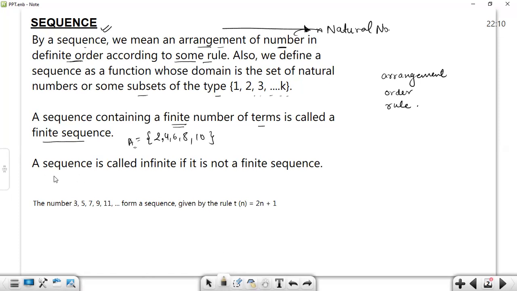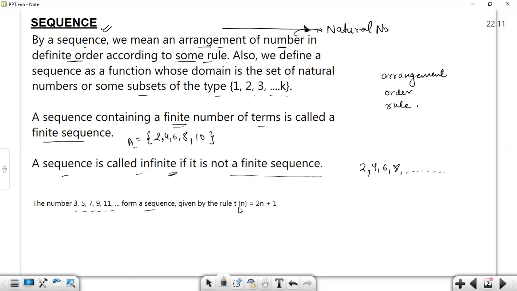So let's now discuss. A sequence is called infinite if it is not a finite sequence. If we say multiples of 2, and this is going ahead, there are not finite terms in this sequence, then it is an infinite sequence. So let's say this sequence: 3, 5, 7, 9, 11.